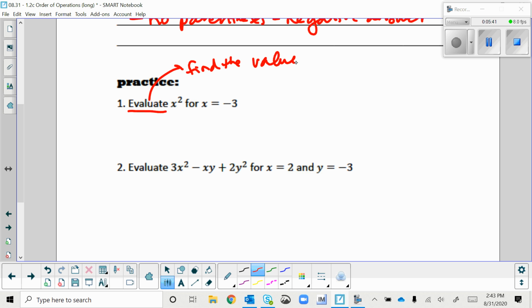So we are finding the value of x squared when x equals -3. So you pause the video and you plug that in and see what you get. Is it going to be -9 or +9, like in the example we just did?